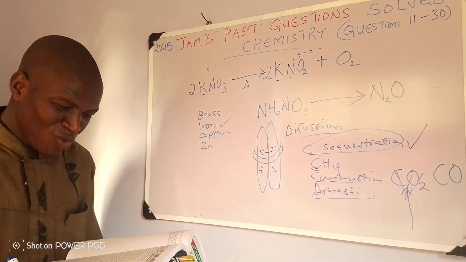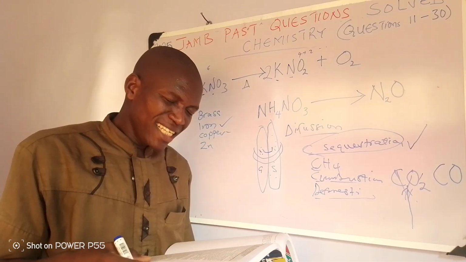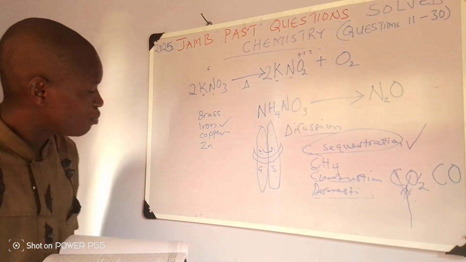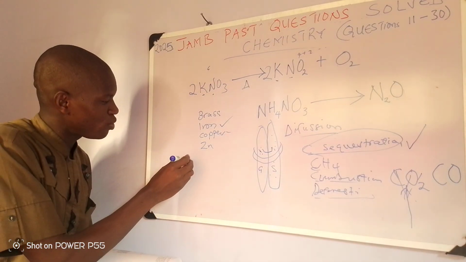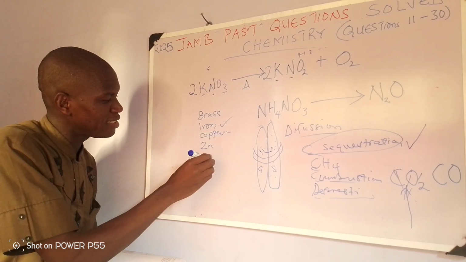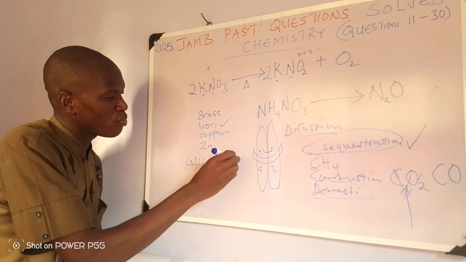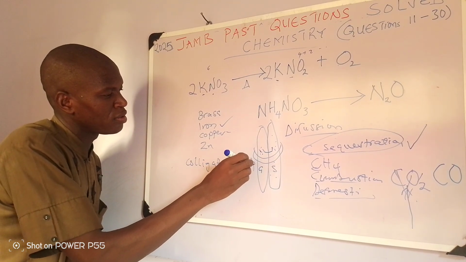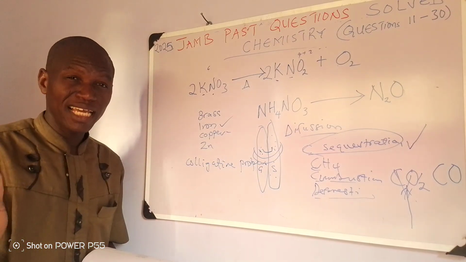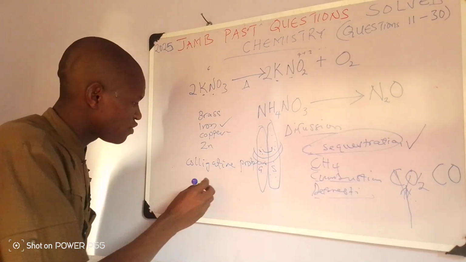Alright, thank you. Which of these is not a colligative property? So we have what we call colligative properties. Okay, I'll give you a clear illustration so that you understand.